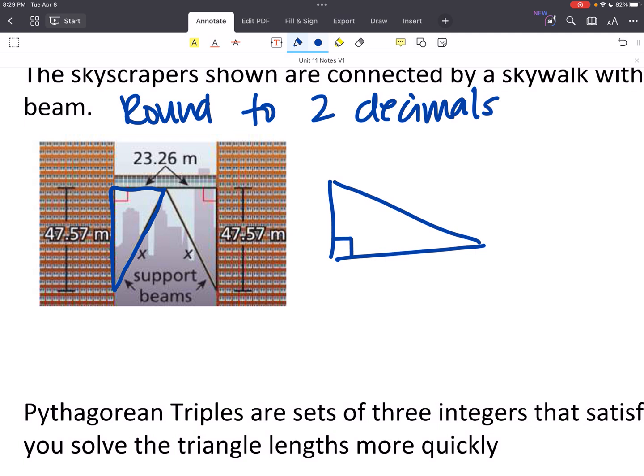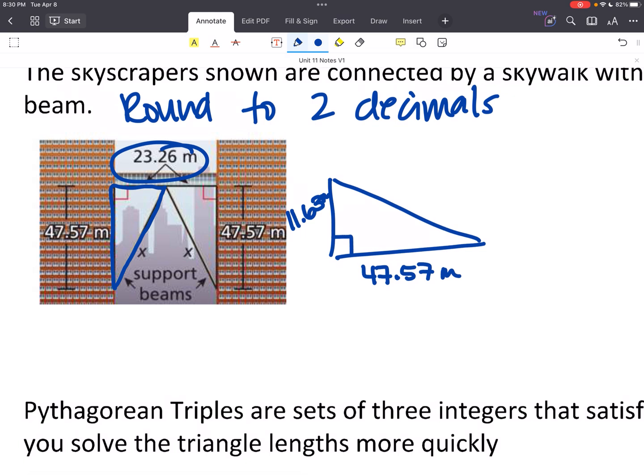We know that this short length up here is actually half of this, so 23.26 divided by 2, so 11.63. We know the length of this one down here because it tells us it's 47.57. These are all in meters. So we need to find the length of the hypotenuse.